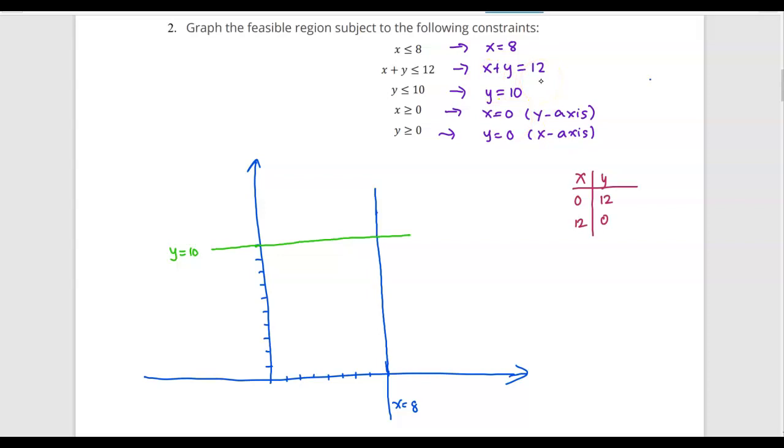So we have these 2 points. We have 12, so 11, 12, that point there. And then x is 12, so 8, 9, 10, 11, 12, this point here. And then you just have to connect those 2 points.